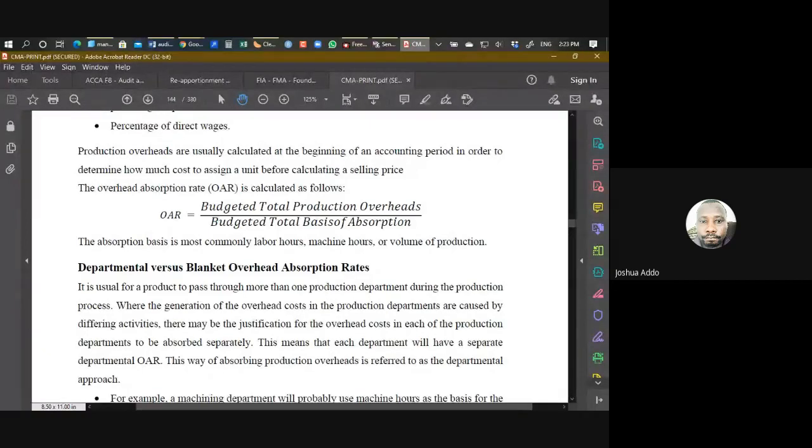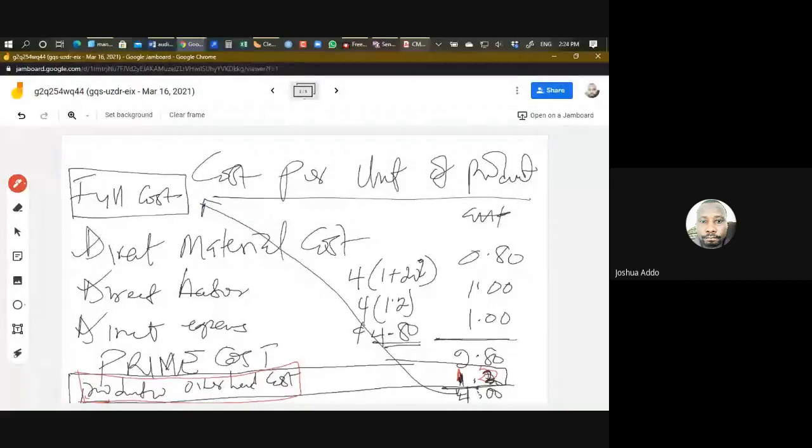So if the departments are so unique, and the activities that the products undergo through each of the departments are also unique, we might decide that each department, we have to absorb its cost separately into the product. In that case, we will do simply this.